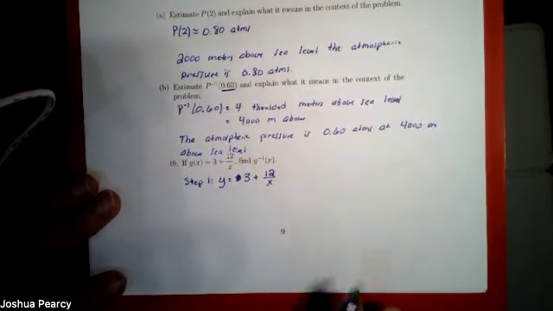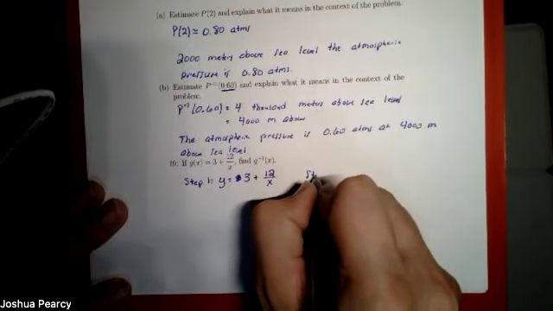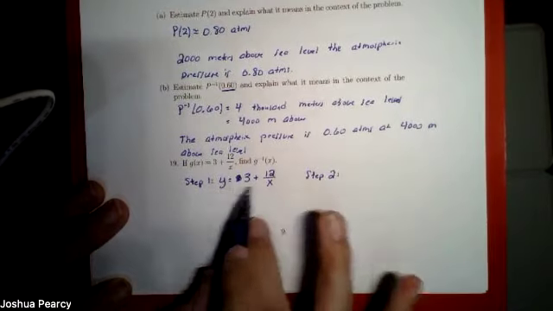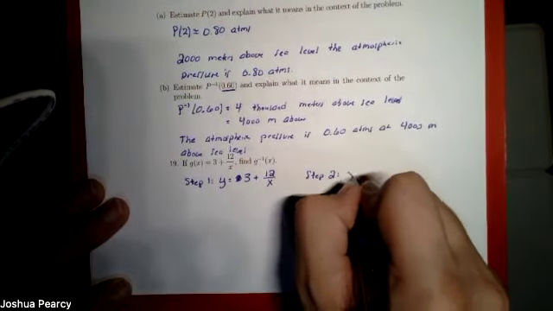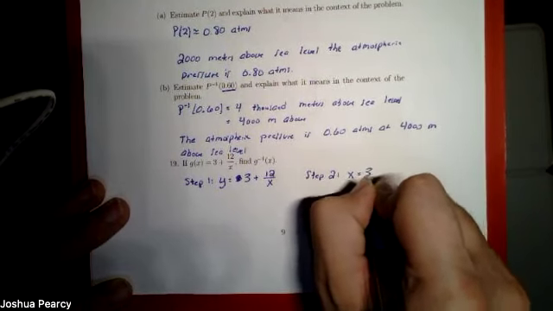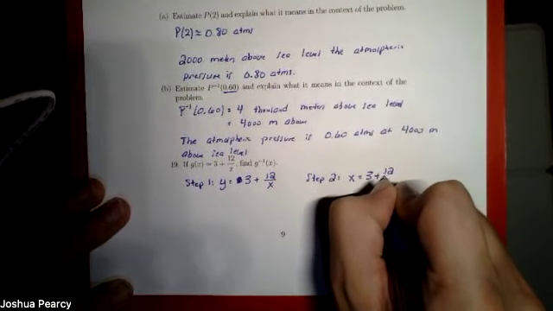Now my step 2 was swap x and y. So I'm going to do step 2 just over here so I have enough space on the paper. Step 2 was interchange x and y. So this would say x equals 3 plus 12 over y.